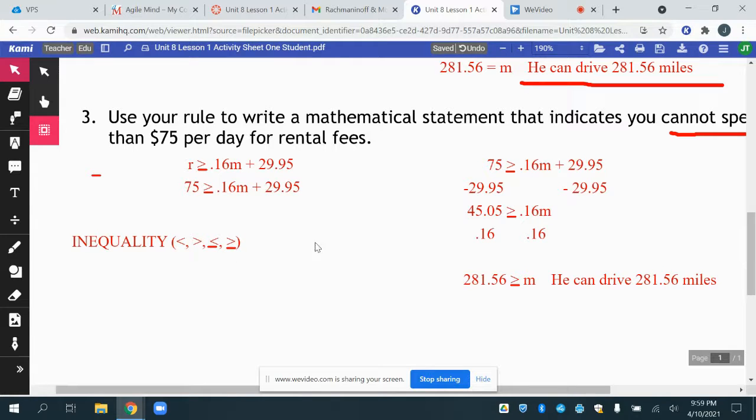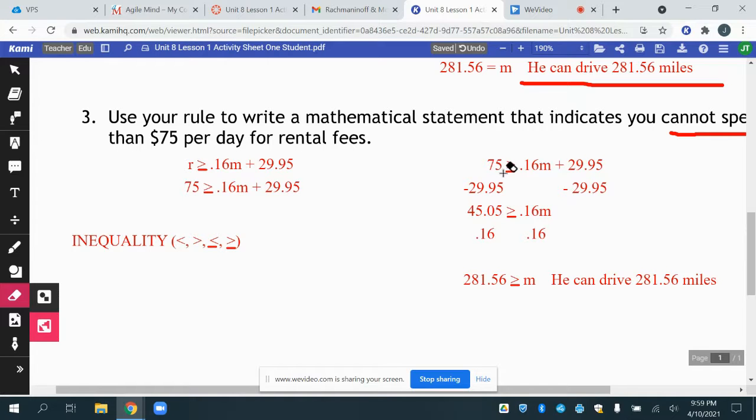Okay, so that's everything. Just remember, instead of saying let's make the amount of miles I drive equal $75, we're just saying the amount of miles I drive can't be more than $75. It could be 35 or 25, anything less than or equal to 75.